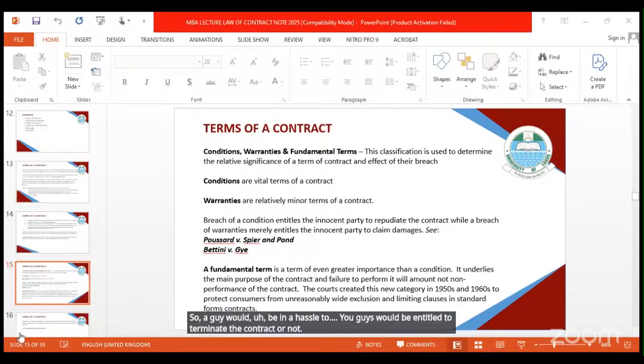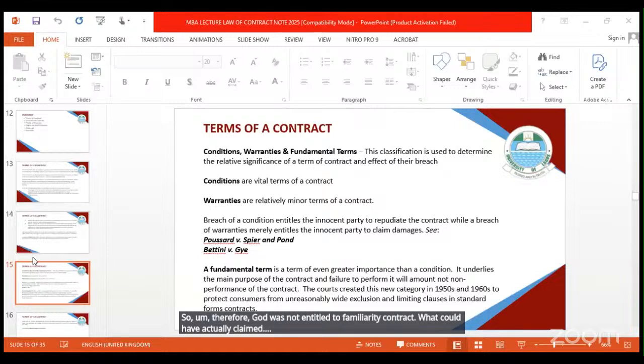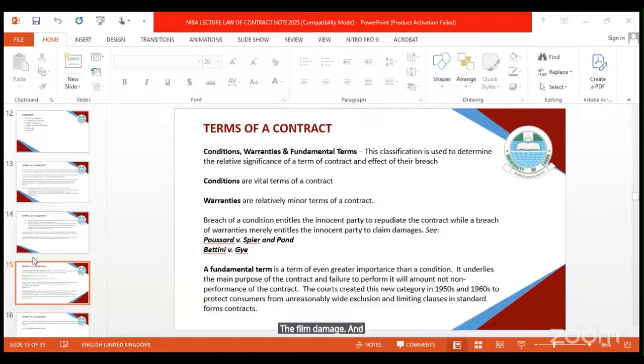The court ruled that the provision regarding the rehearsal was a warranty and not a condition. Therefore, Guy was not entitled to terminate the contract, but could have claimed damages and any other losses incurred. I'm done, sir.